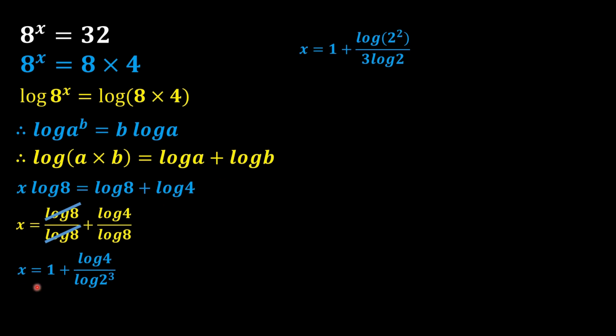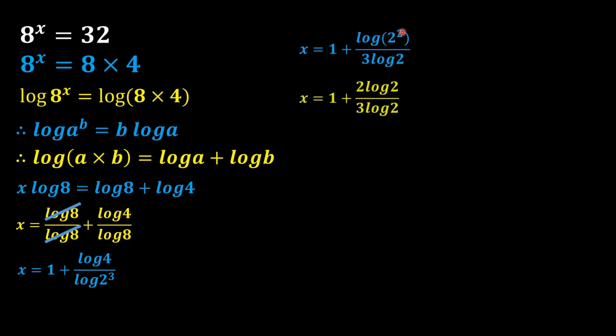And here we apply the property of power. When we apply log on a value which has a power, then this power will multiply with the log. So here we should apply the same property of log. As a result, we should get log 2 to the power 3, and this value will convert into 3 log 2, and this log 4 can be written as log 2 to the power 2, and the same property applies here.